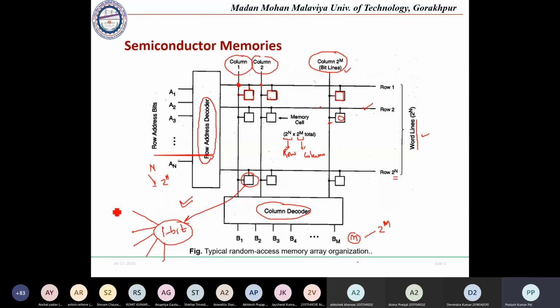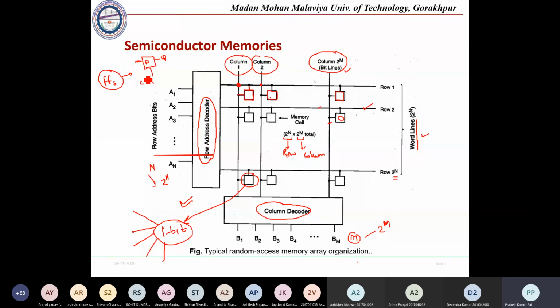Generally we use flip-flops to store the data. So one D flip-flop is there, with some enable or clock, and some input. This can store one bit of data.